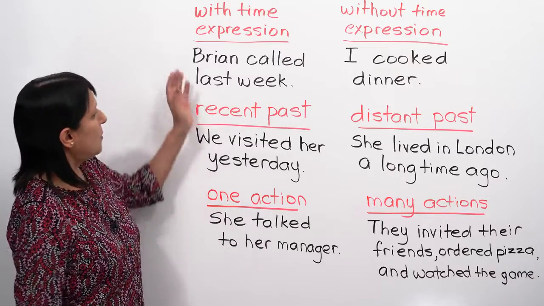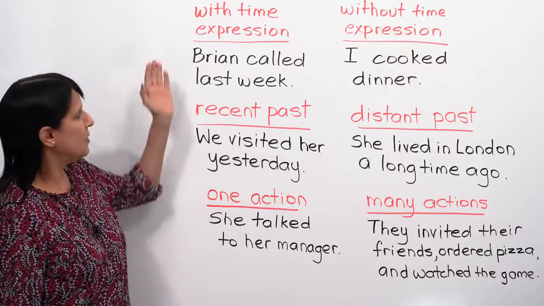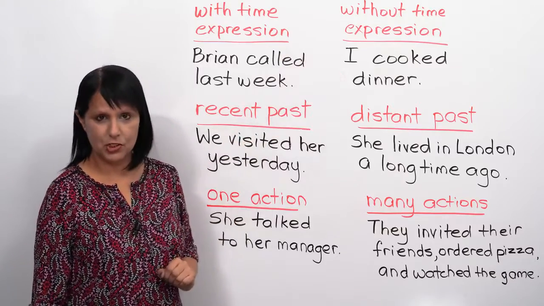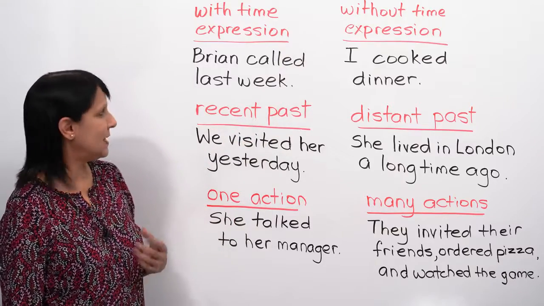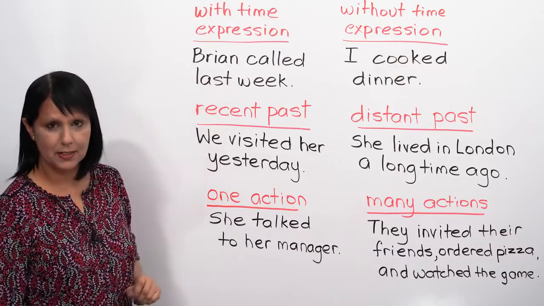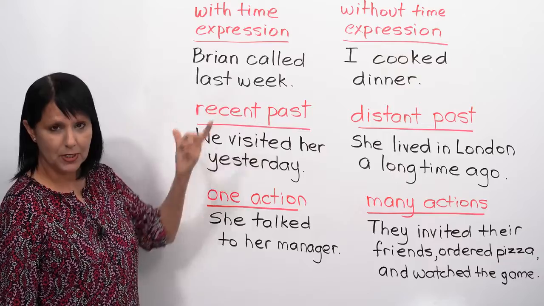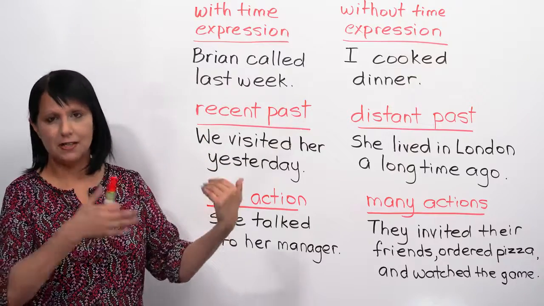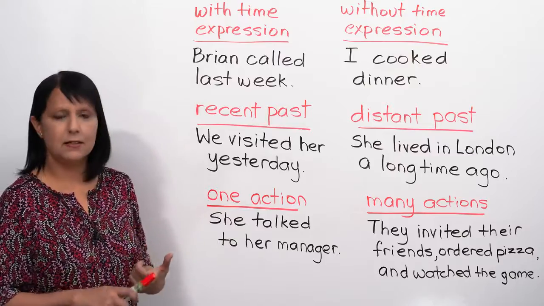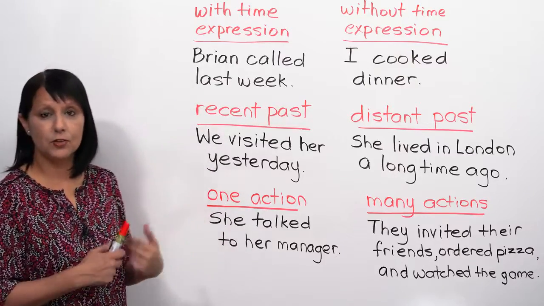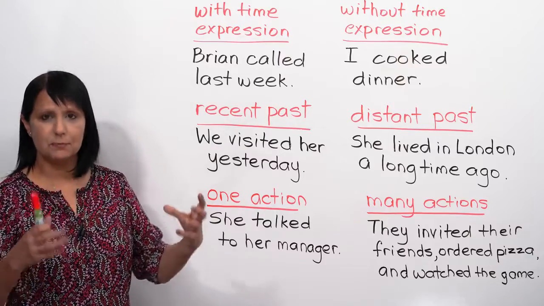Now let's look at when we use the past simple tense. Okay? So, we can use it with a time expression or without a time expression. What do I mean by that? Let's see. Brian called last week. So when we say last week, right, that's a time expression. It's a word that tells us about time, like yesterday, last month, last year, okay, 5 years ago. These are all time expressions.